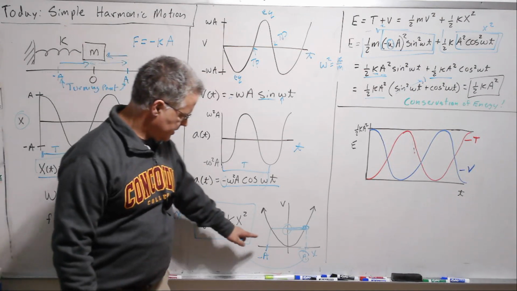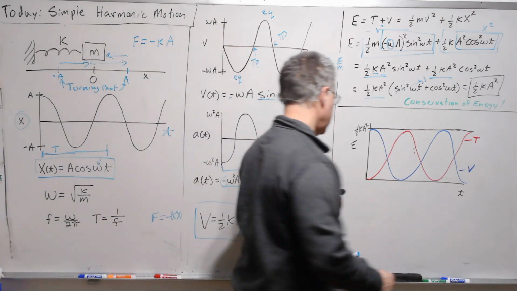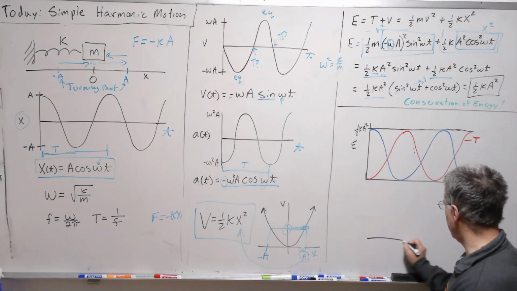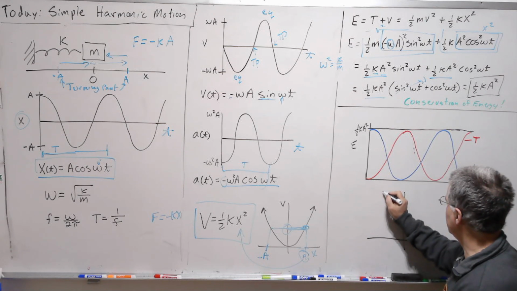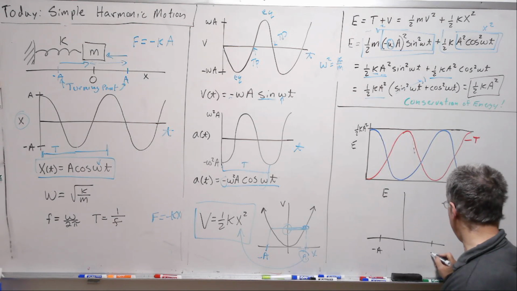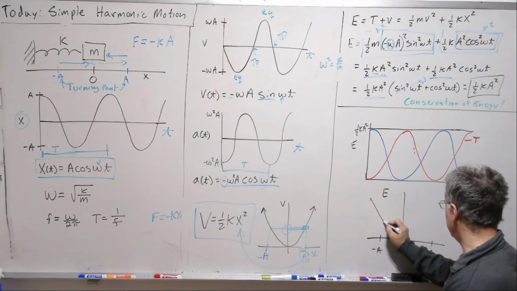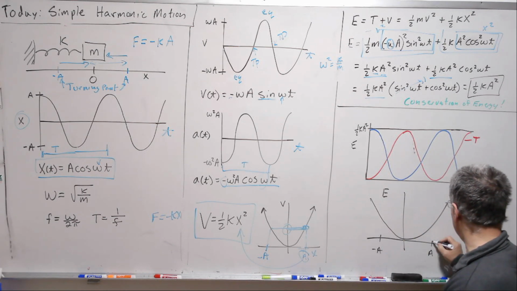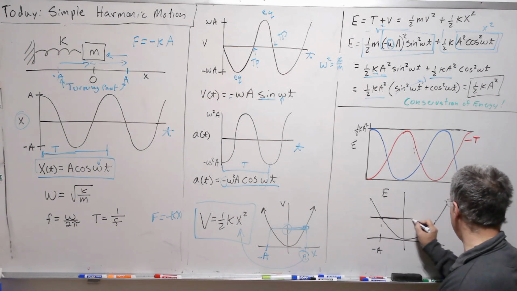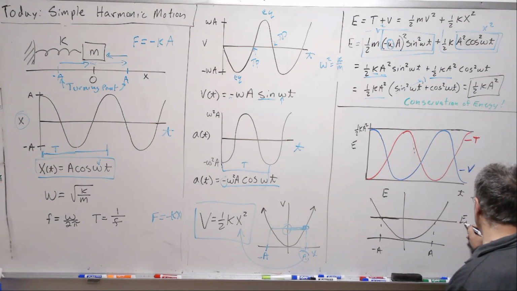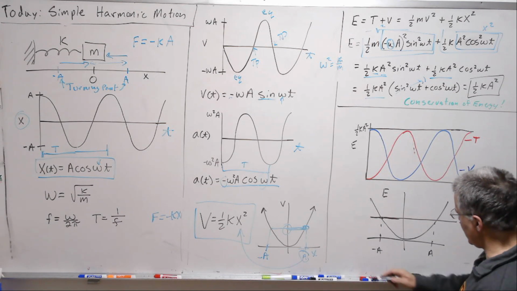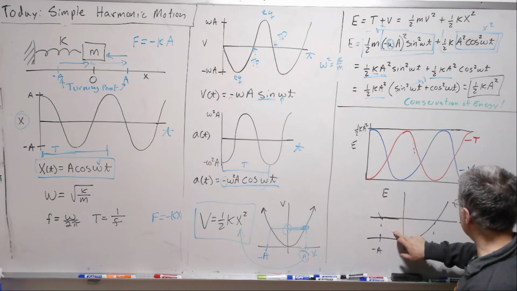Now, let's put this on this graph here. So let's redraw this graph over here. We'll have energy in this direction. So this is E total. Actually, let me put that in blue because that's potential energy.